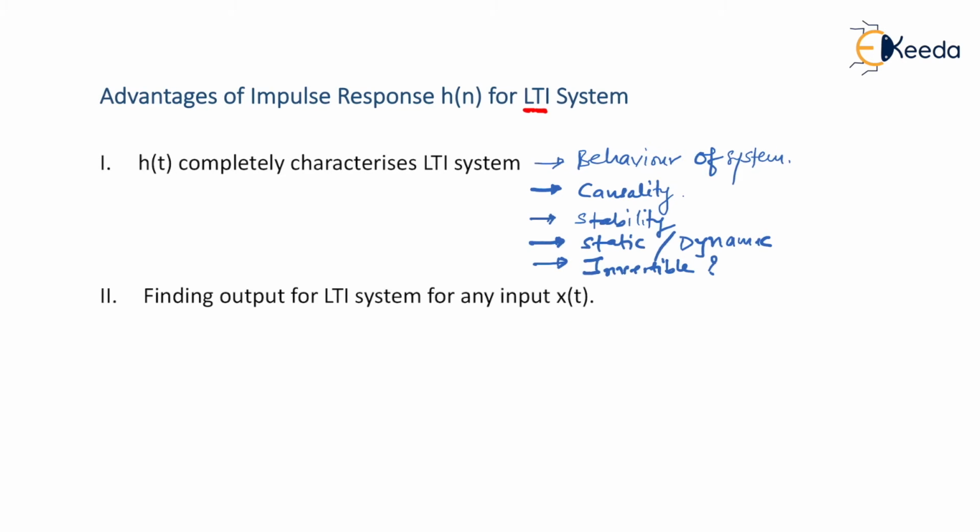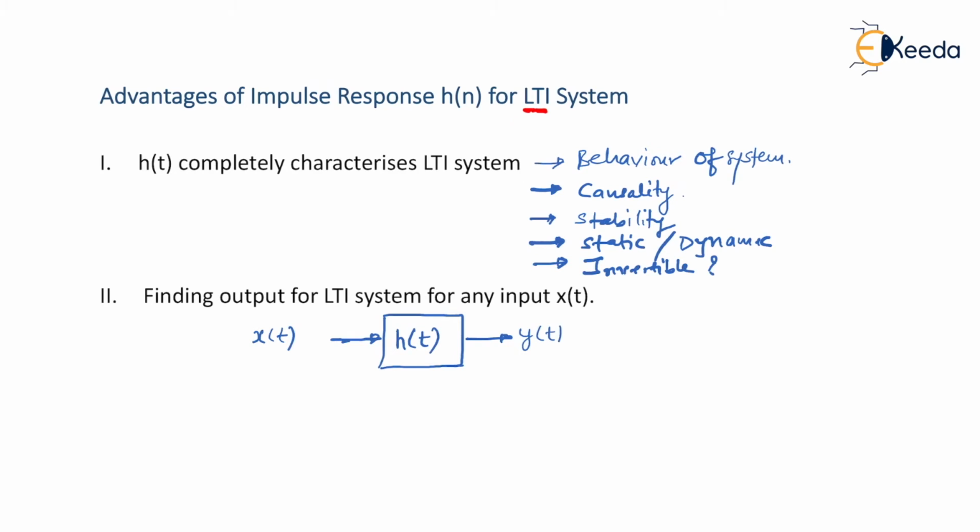The second advantage is finding the output of an LTI system for any input x of t. For example, let's say h of t is known to you. Now you know that h of t is called the impulse response. So for a particular system, let's say h of t is known to me, and you are applying some input x of t.